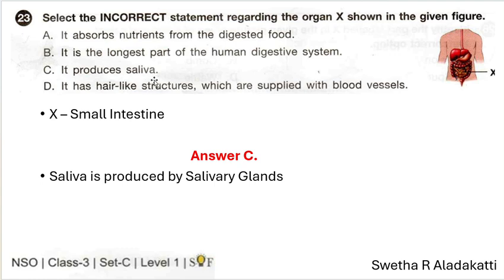It produces saliva. Now, what is saliva? The liquid which is formed inside the mouth is called saliva. Saliva inside our mouth is produced by the salivary glands, not by the small intestine. So this is the incorrect statement. It has hair-like structures which are supplied with blood vessels. Yes. Through those blood vessels, the absorbed nutrients are supplied to our entire body. Okay, so we go with option C.